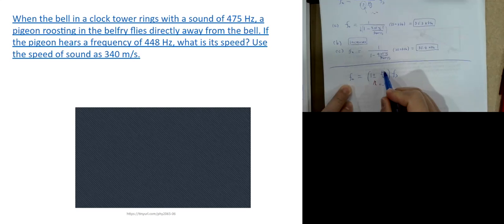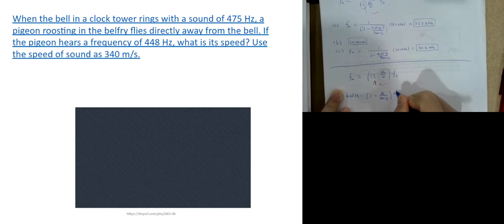So you're looking for the speed of the observer in this case. So you're going to set that up: 448 hertz equals 1 minus u_O divided by 340 meters per second, times 475 hertz.